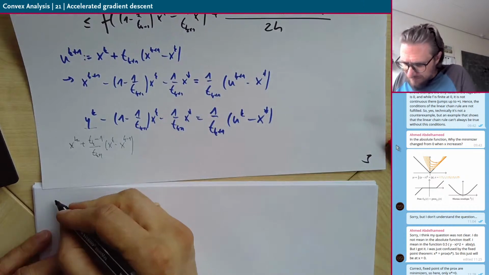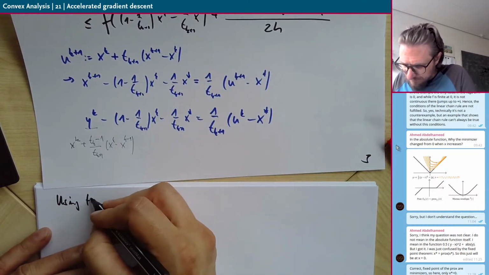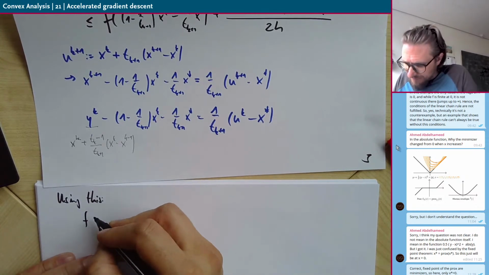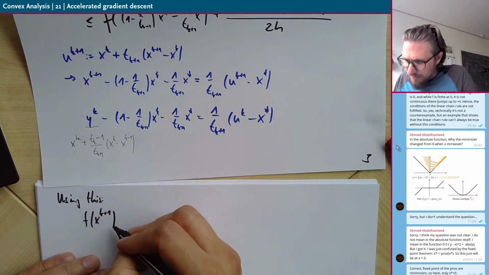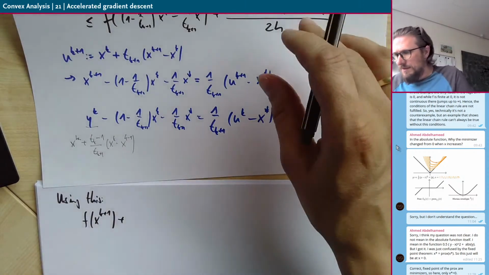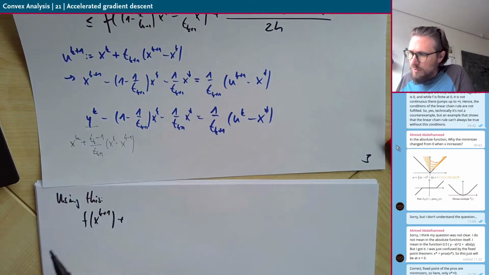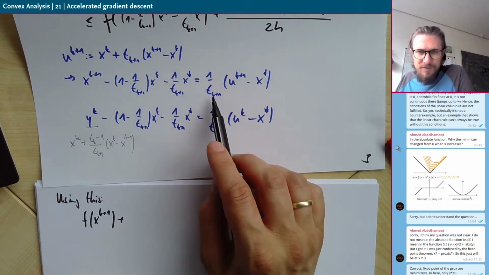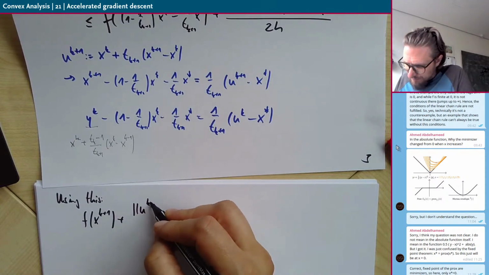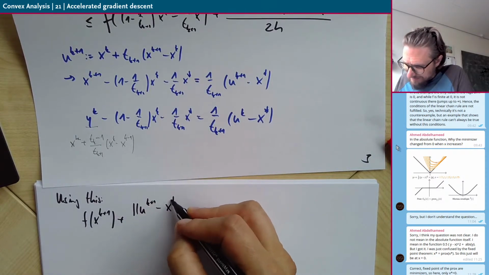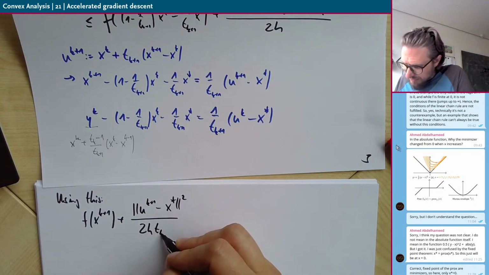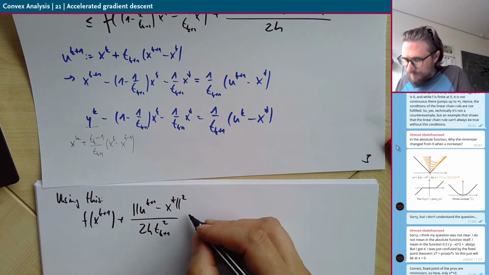Okay, so using this, on the left hand side we still have f of xk plus 1 plus, and this has been simplified here in the square. We now get 1 over tk plus 1 squared out, so we get uk plus 1 minus x star squared over 2h tk plus 1 squared.